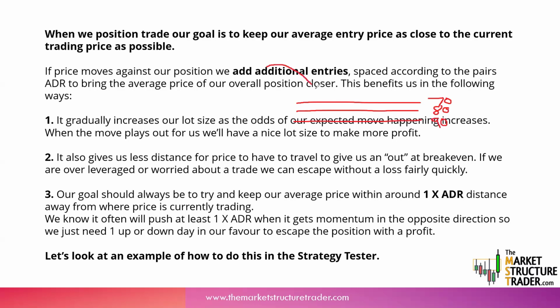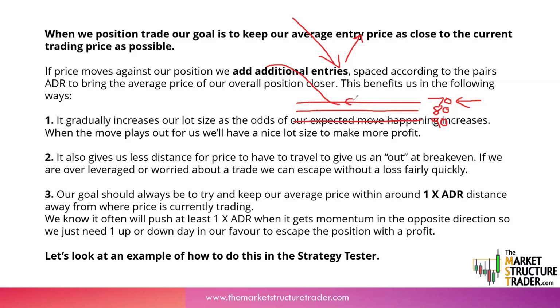If we got into our initial entry when the RSI was extended at 70, the odds were quite high, because when it gets down there we've got a high probability of all the sellers that pushed price down turning into buyers and pushing price back up.